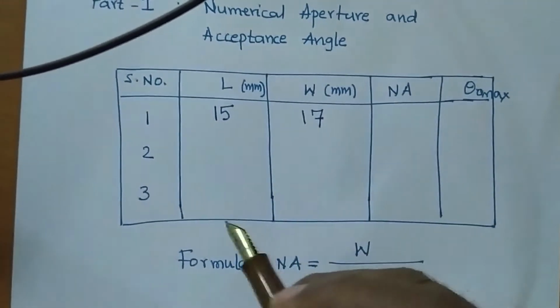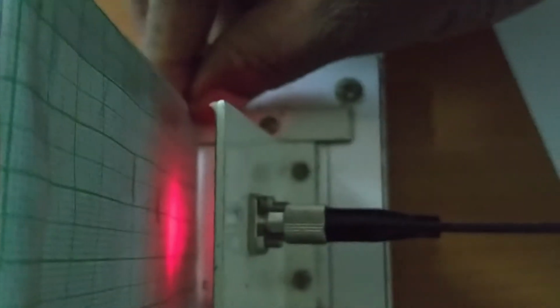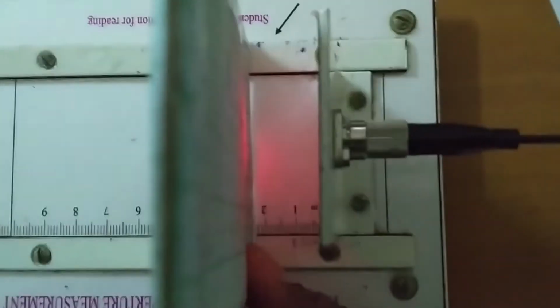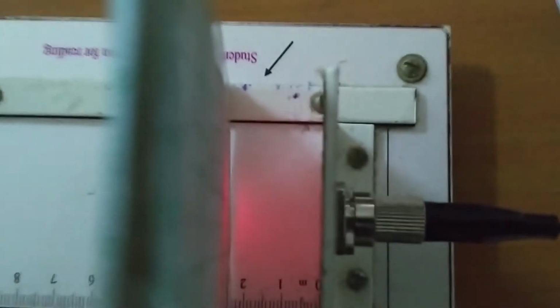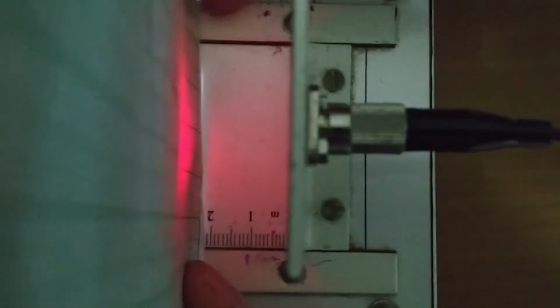Now I keep the screen at 20 mm. I keep this one at 2. This is the 2, and that is 20 mm. Now I am taking the second reading for the first part. I am keeping the screen at a distance equal to 2 centimeters, that is 20 mm, and I will measure the spot width.